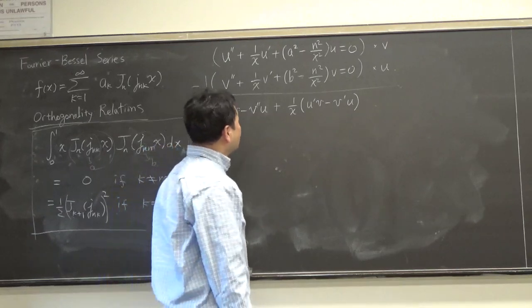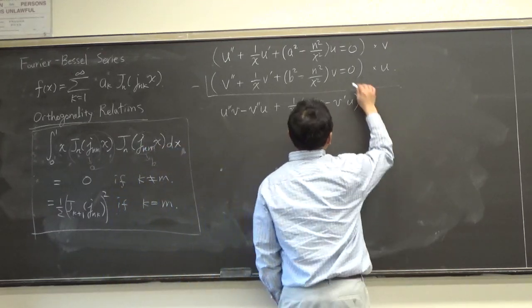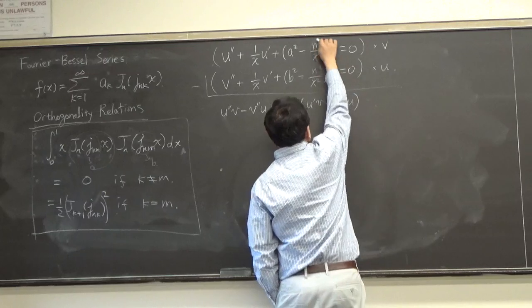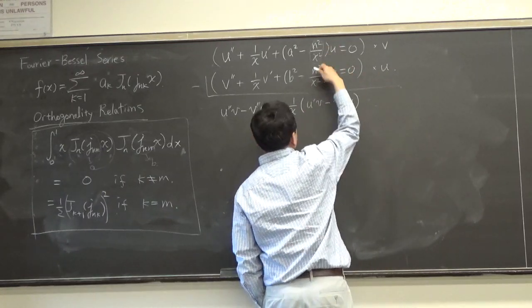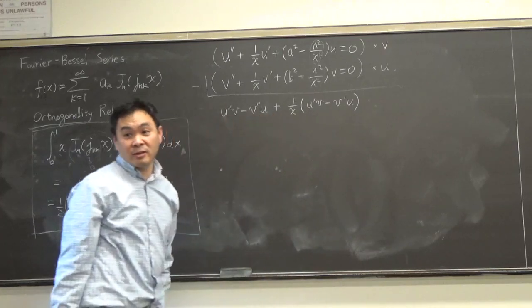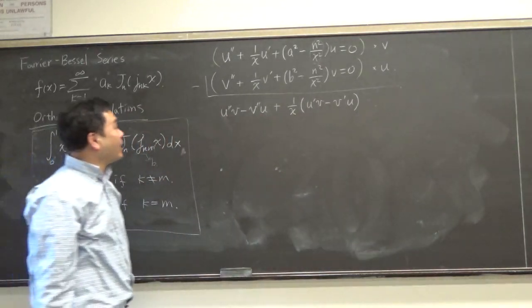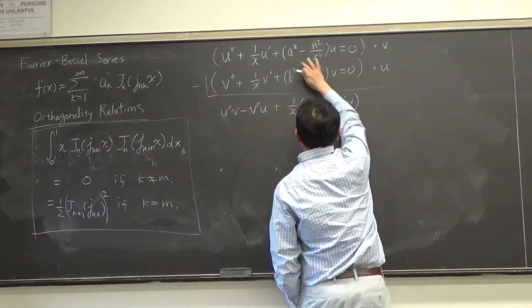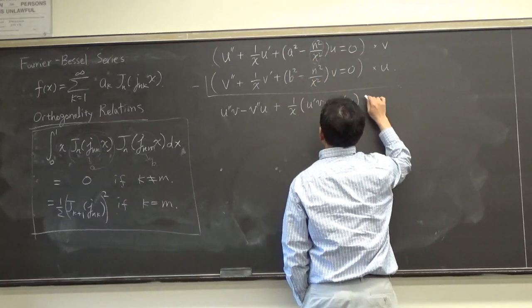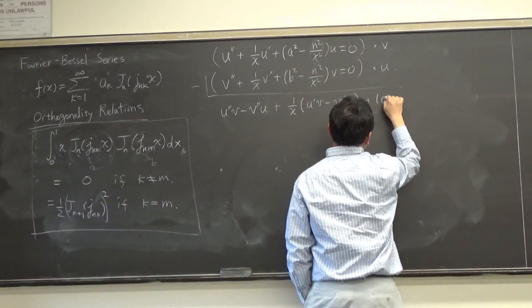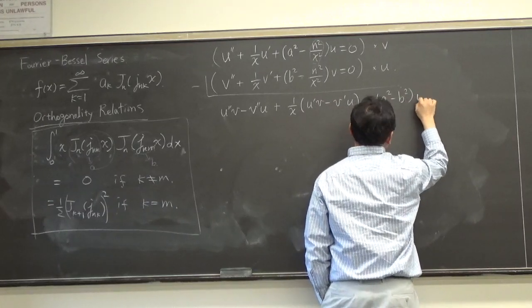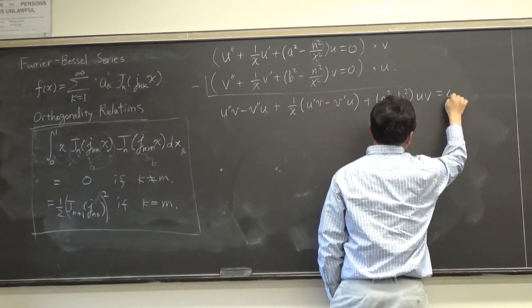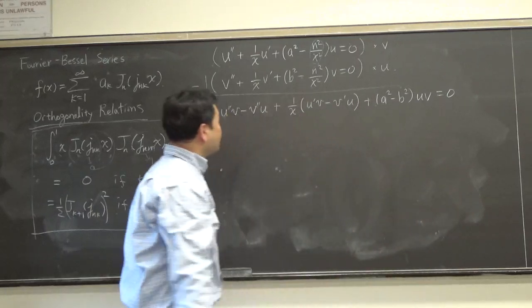Then uv with n squared over x squared and vu with n squared over x squared, if you subtract, they cancel away. So those go away, and these survive. So what you get is plus a squared minus b squared uv equal to 0.